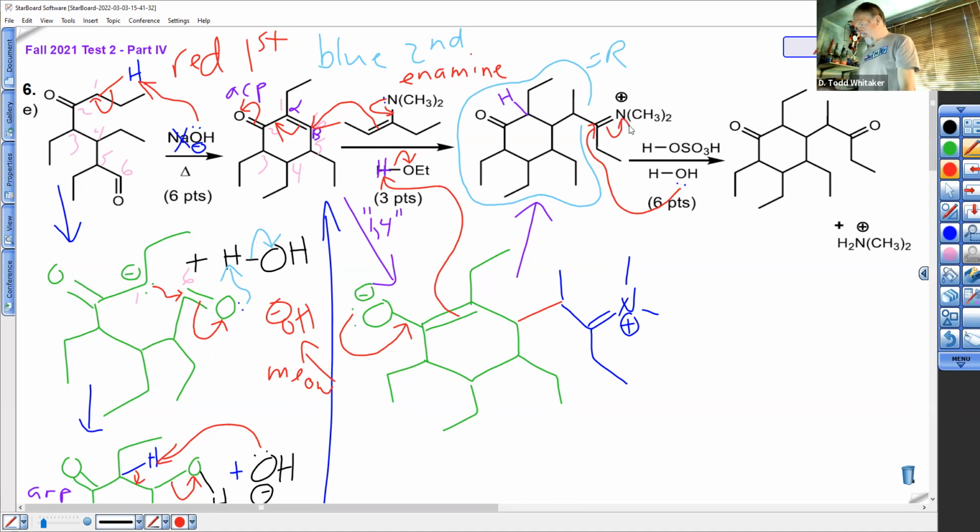Second step, we're going to deprotonate that water. In anticipation of that, we're going to need sulfate ion, which we haven't made yet, but you guys do know sulfuric acid's a strong acid, right? That means there's always sulfate present. You put sulfuric acid in water, you know what you actually don't have? Sulfuric acid.